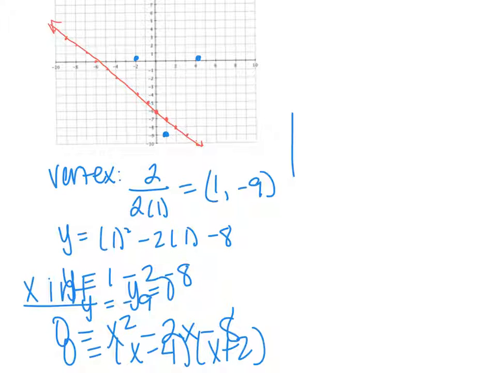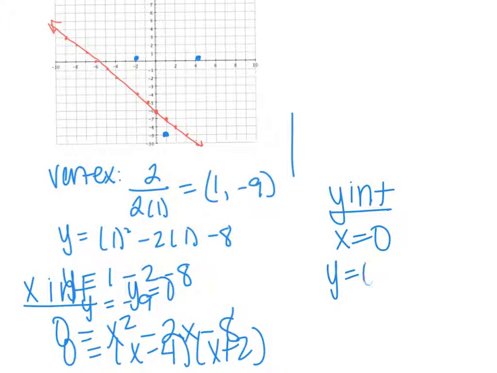Okay, and I'm going to go ahead and find my y-intercept as well. So this is where x equals 0. Because that's up 1 and right 1, this is up 1 and right 1 as well.